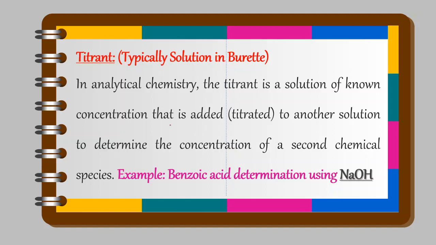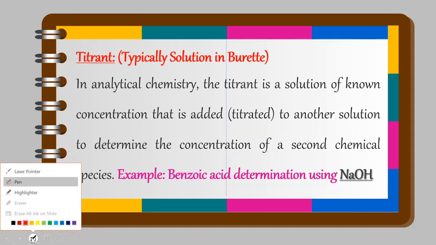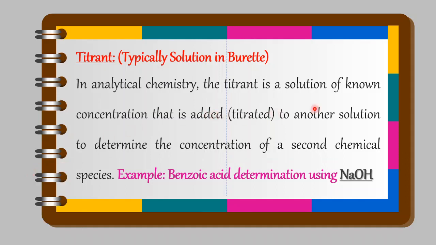So in analytical chemistry, the titrant is a substance whose concentration is already known to us, and we use that titrant for the determination of concentration of another substance. This is very important. A solution of known concentration. We will be using either 1 molar or 0.5 molar NaOH based on the procedure given in the IP, or we can even modify it.